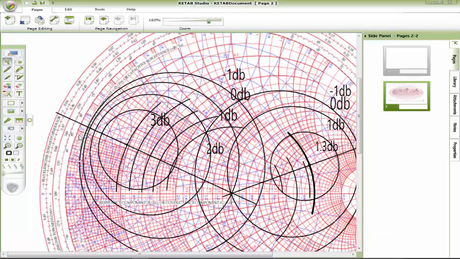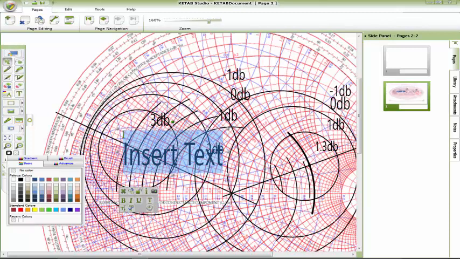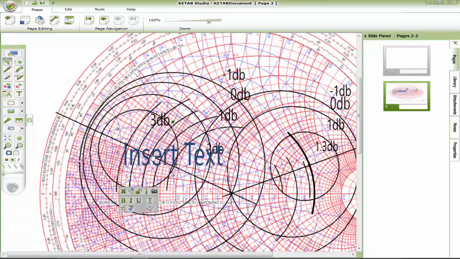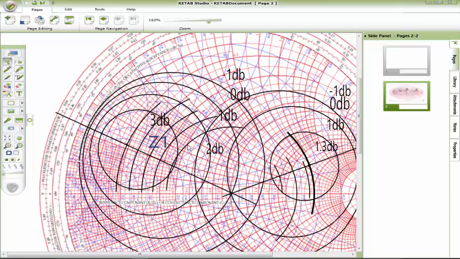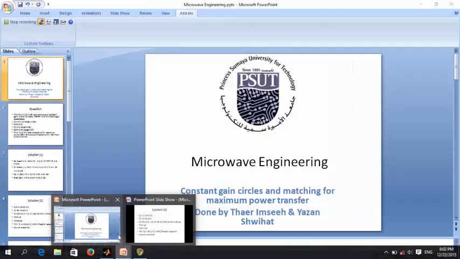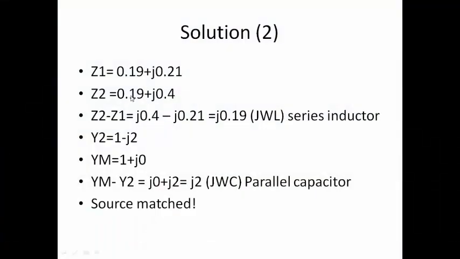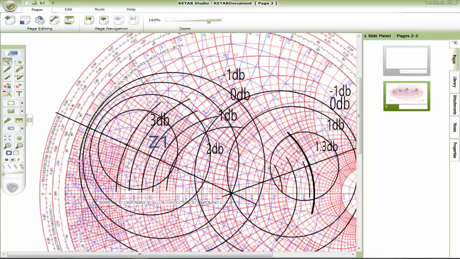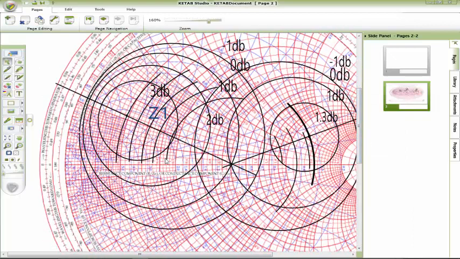Here it's J 0.21. So I will label this point with another color. I will put it Z1. So this is Z1, and I want to go to a point which is a constant resistance circle but with J 0.4 according to the conductance circle.